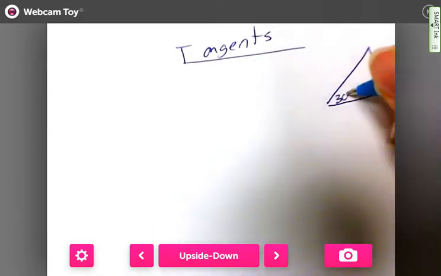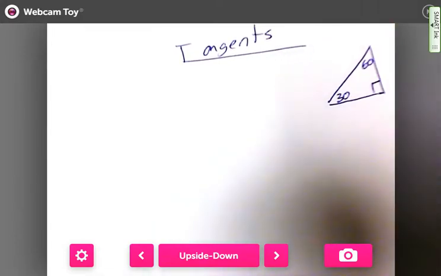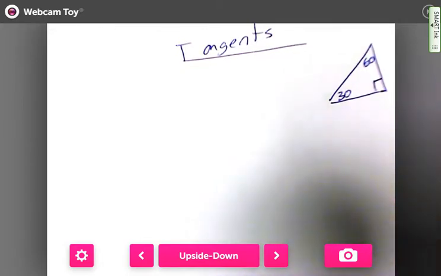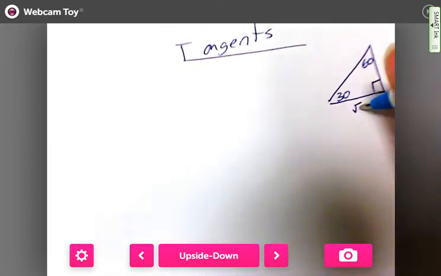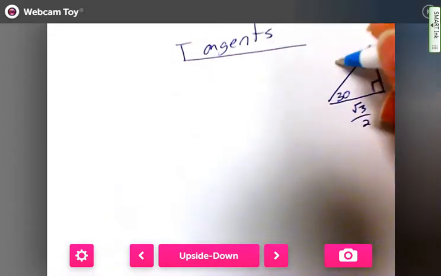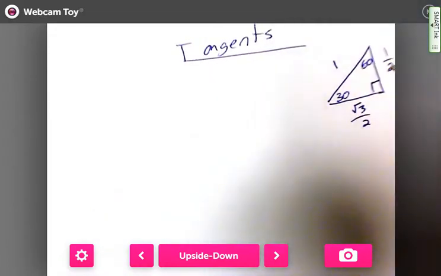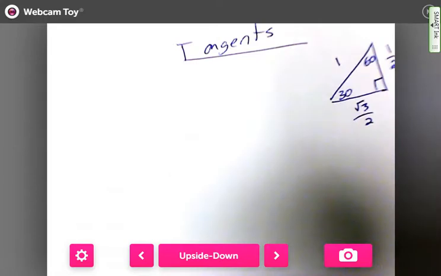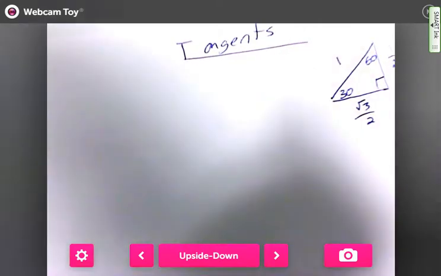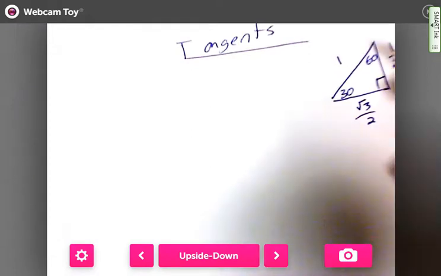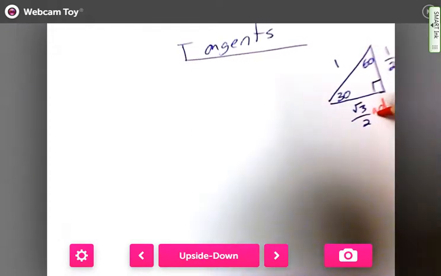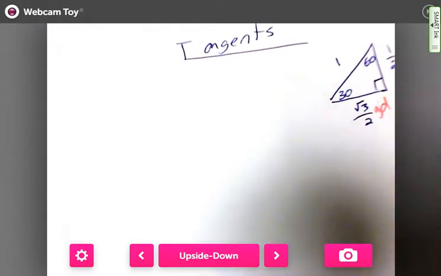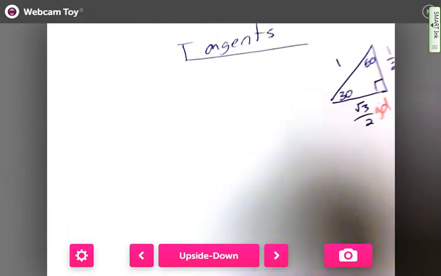Here's my 30, 60, and 90. I know that this right here is square root 3 over 2. This is 1, and this is 1/2. And I'm going to just write in a different color that this is the adjacent to 30. This is the opposite, and this is the hypotenuse.